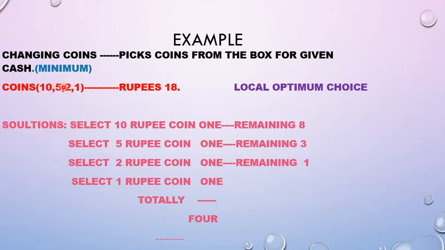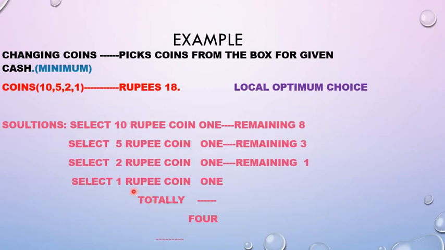I can have other solutions also. Suppose instead of using the 10 rupee coin, I pick 5 rupee coins. I would have to use three 5 rupee coins, one 2 rupee coin and one 1 rupee coin, and that makes 6 coins.